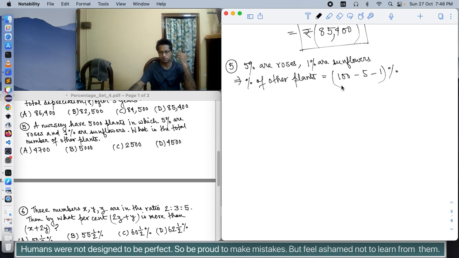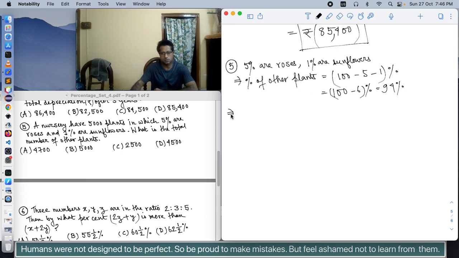So the remaining percentage must be others. The percentage of the other plants should be 100 minus 5 minus 1, which is 100 minus 6 percent, which is equal to 94 percent.